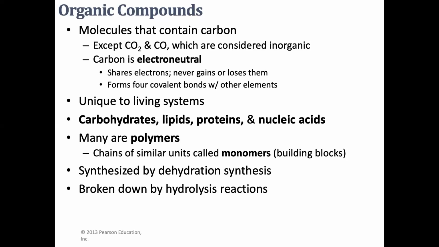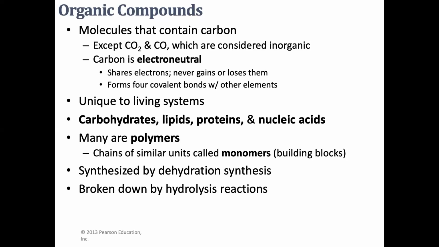Okay. And then there are ionic bonds in which one atom loses electrons and one atom gains the electrons, and that means that they have opposite electrical charges, and that attracts them to each other, and that's what holds them together.